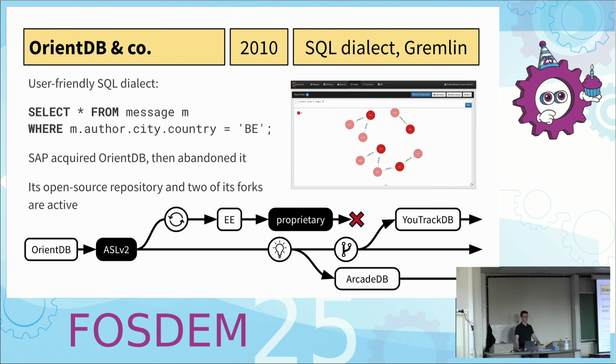Now OrientDB lives on in 3 different versions. One is a conceptual fork represented by the light bulb, that's called ArcadeDB. One is a fork called YouTrackDB, which actually powers the JetBrains YouTrack system for issue tracking, and there is still the original system. So it kind of forked off into 3 different projects.